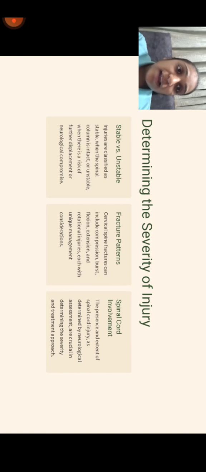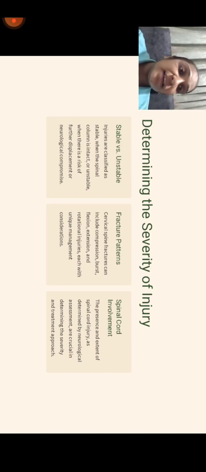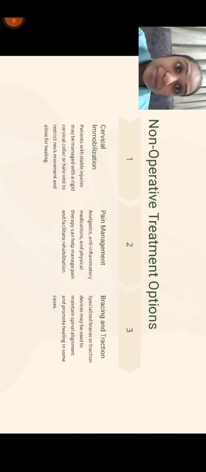Fracture patterns: cervical spine fractures can include compression, burst, flexion, extension, and rotational injury, each with unique management considerations. Spinal cord involvement: the presence and extent of spinal cord injury, determined by neurological assessment, is crucial in determining the severity and treatment approach.